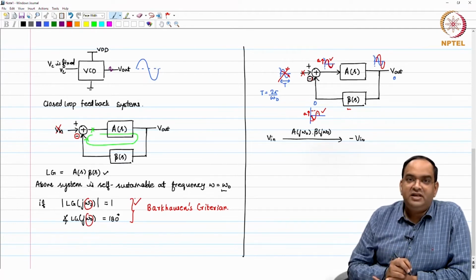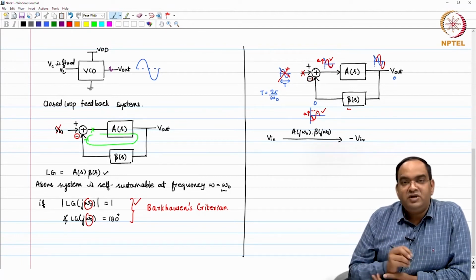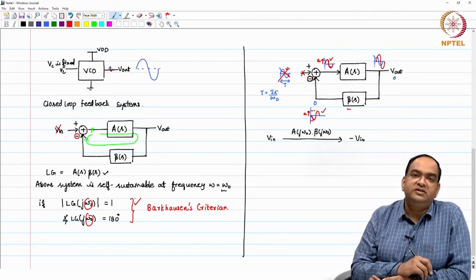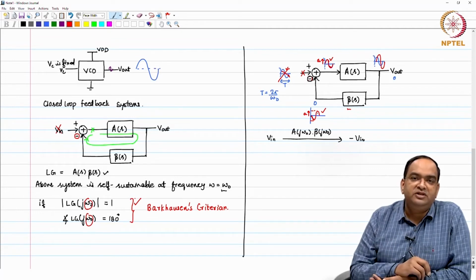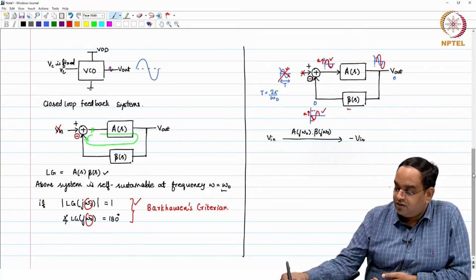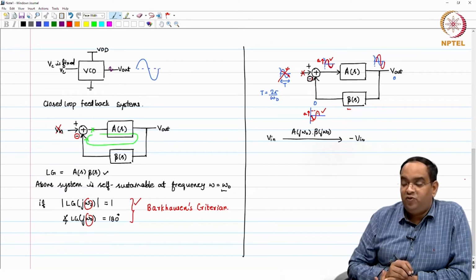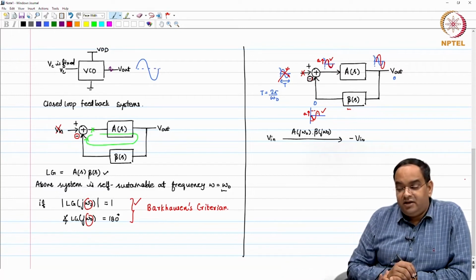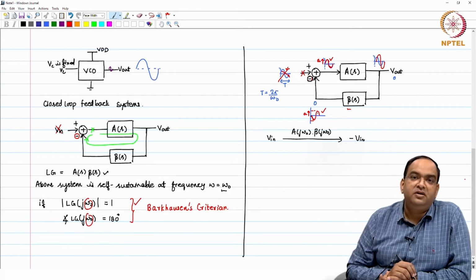Once you satisfy the criterion for one particular frequency, those oscillations will be sustained, and all other input frequencies will die down. This is how our oscillator will be designed, so that it becomes self sustainable.